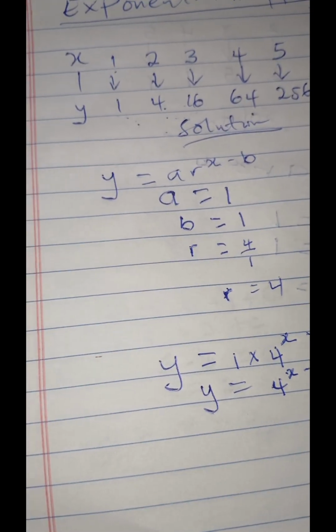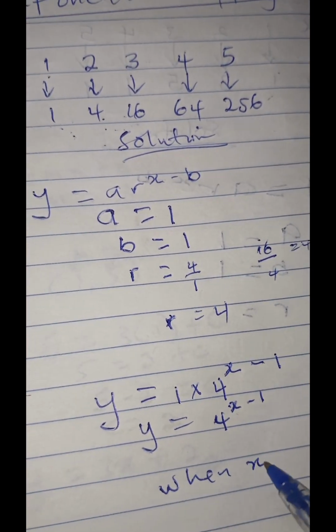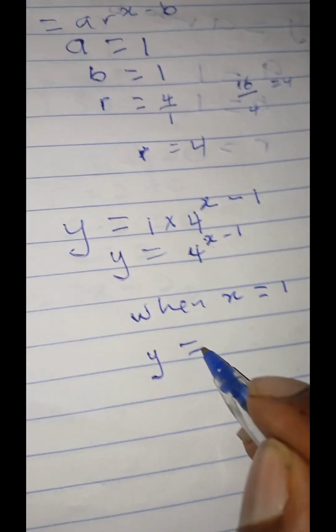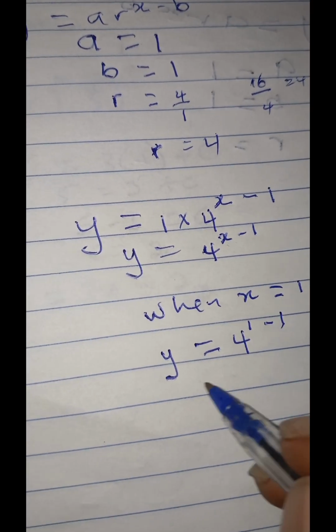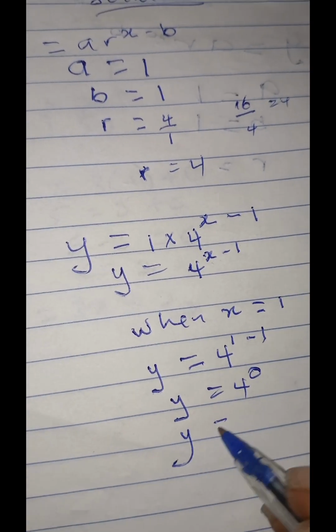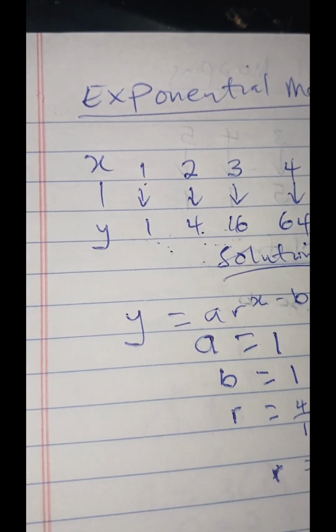We can check to see if the rule actually satisfies the mapping. When x is equal to 1, what happens? Our y will be equal to 4 exponent 1 minus 1, which is 0. And we know that any number exponent 0 is equal to 1. So hence our y value is 1.